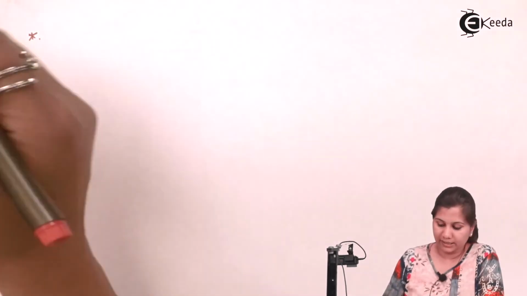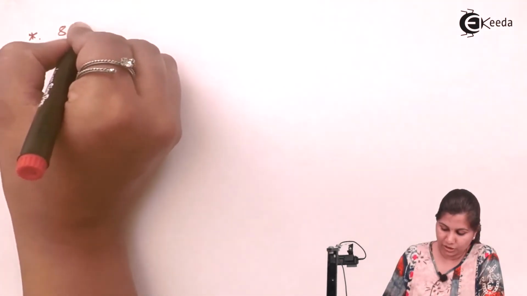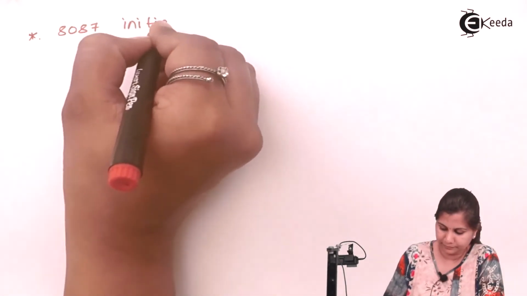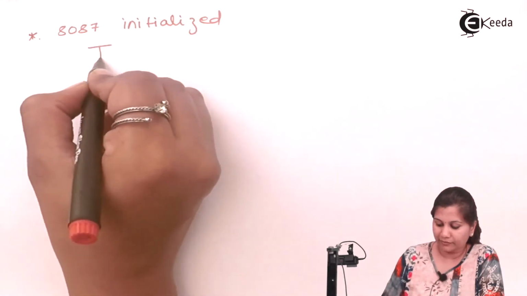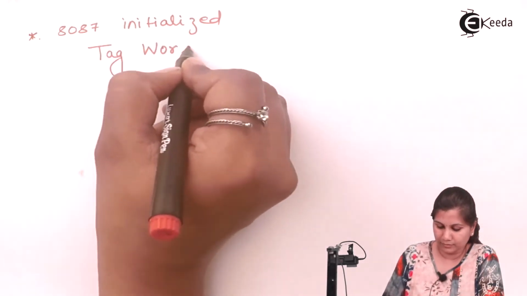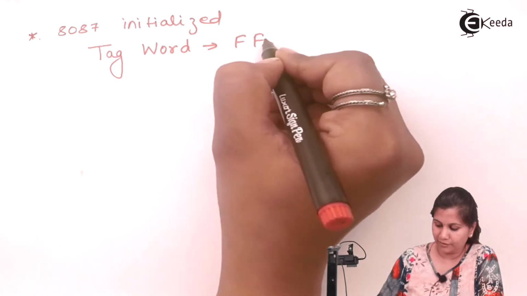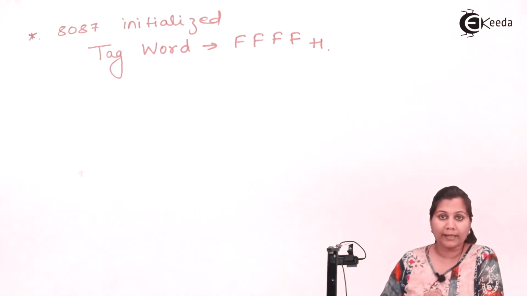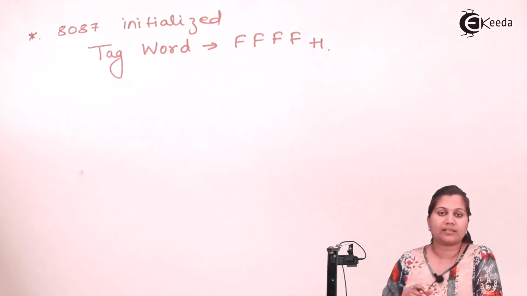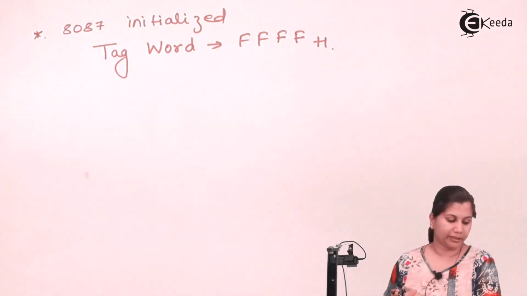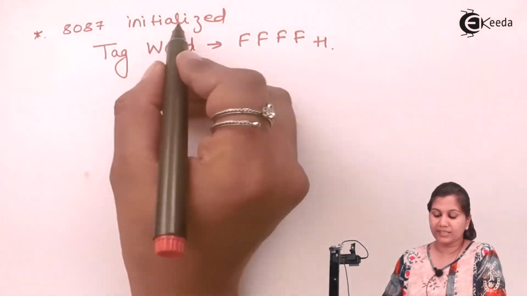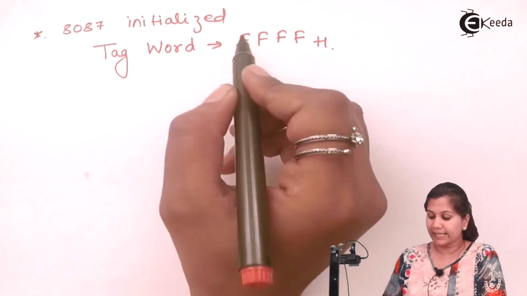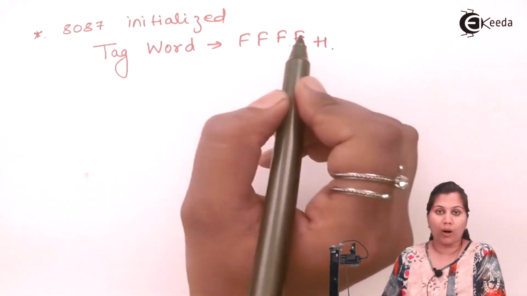Now when this 8087 is initialized, the tag word is FFFFH. Why? Because all the registers in the stack are empty. So when this 8087 is initialized, the tag word is FFFF. Why?